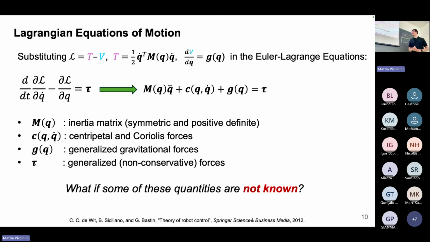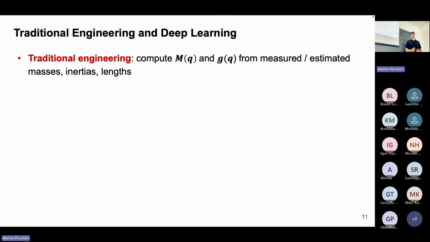And now my question is, do we know all the quantities? Typically, maybe not, right? We need to estimate them or learn them. What traditional engineering has done for 30, 40 years is computing the mass matrix and the gravitational forces by hand, from measured or estimated masses, lengths, and inertias.